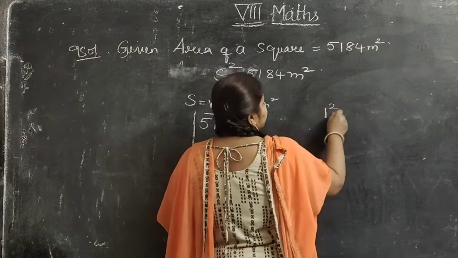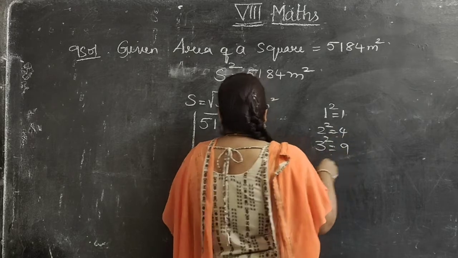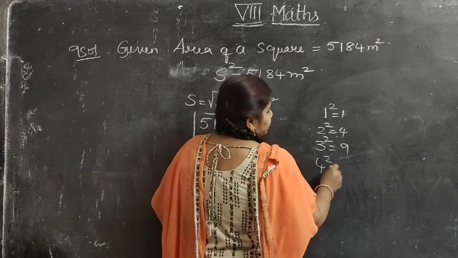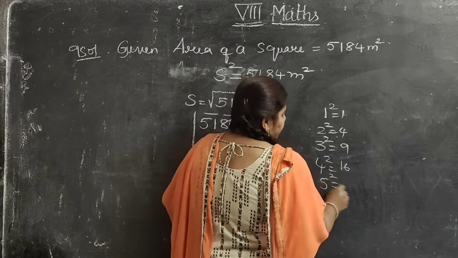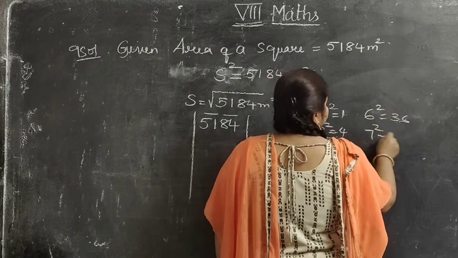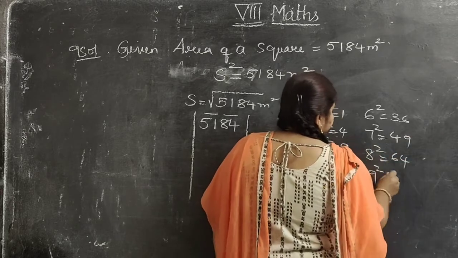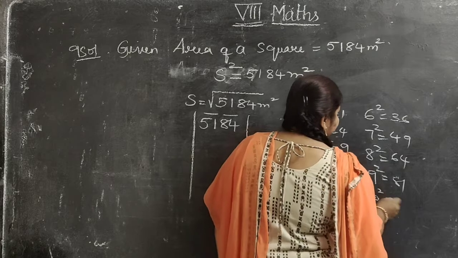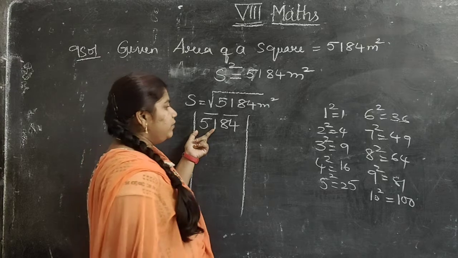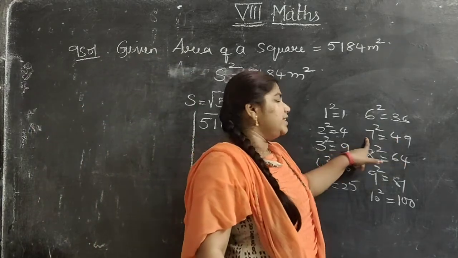What are square numbers? 1 square is 1, 2 square is 4, 3 square is 9, 4 square is 16, 5 square is 25, 6 square is 36, 7 square is 49, 8 square is 64, 9 square is 81 and 10 square you know as 100. What is the first pair here? 51. We have to take a value less than 51, that is 49. So we can take 7 square.